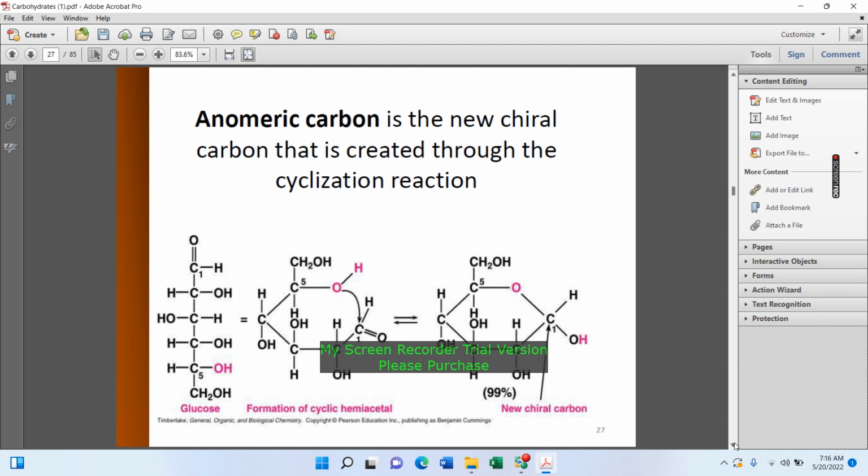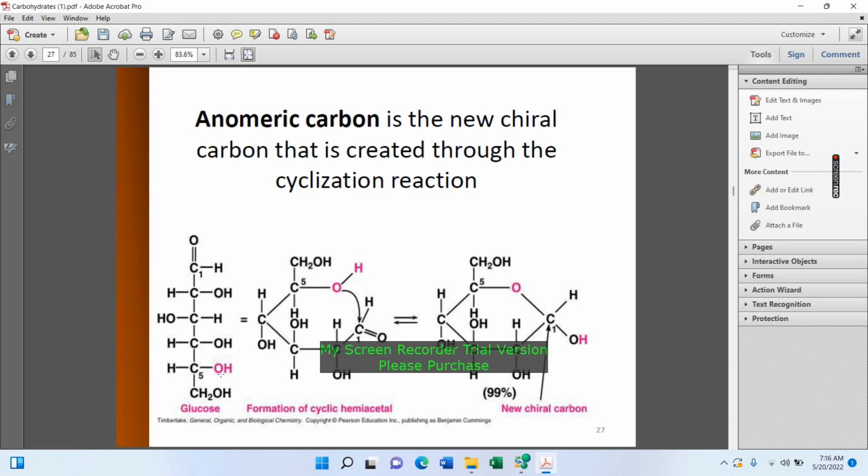So here, this is glucose, and then formation of cyclic hemiacetal and a new chiral carbon. Here, anomeric carbon is a new chiral carbon that is created through the cyclization reaction.